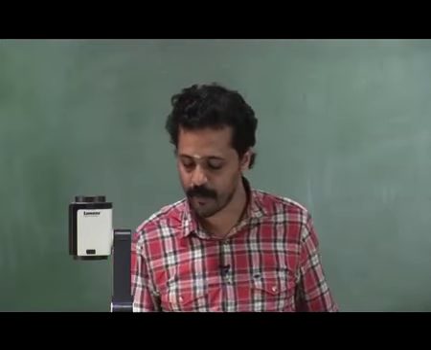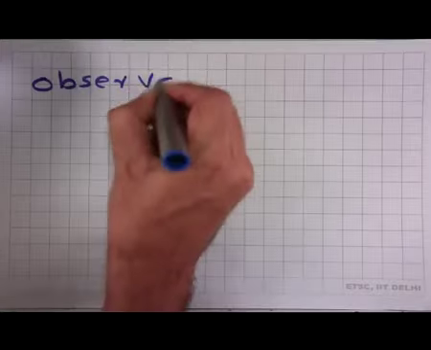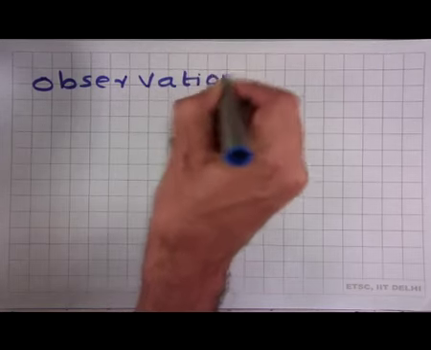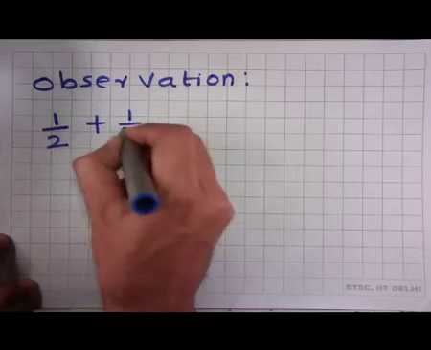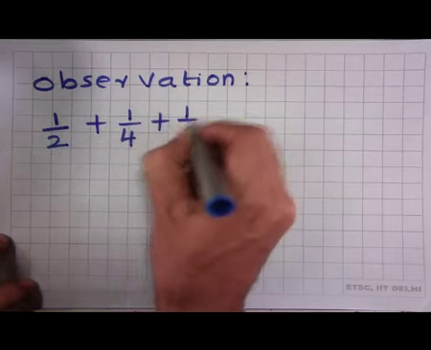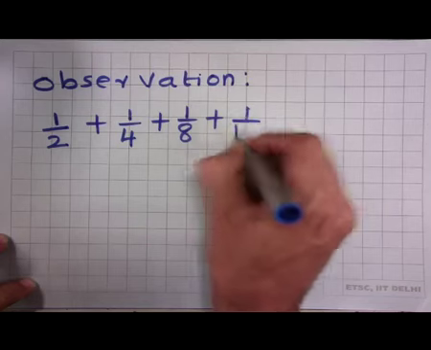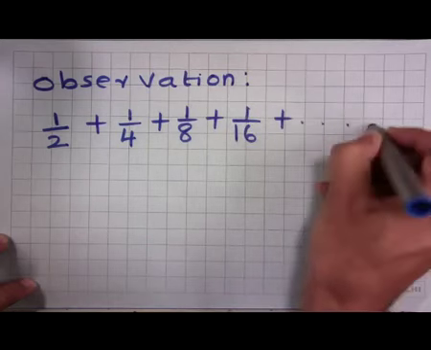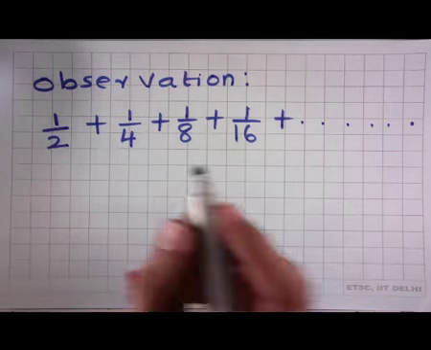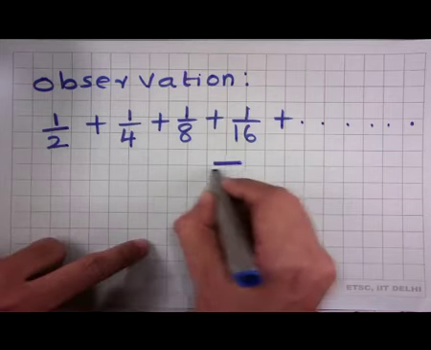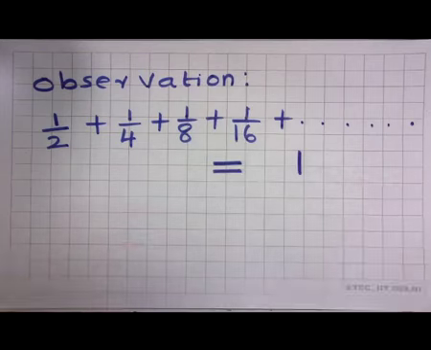Thus, we observe that 1 by 2 plus 1 by 4 plus 1 by 8 plus 1 by 16 plus etc., the sum of infinite number of real numbers, is equal to 1.